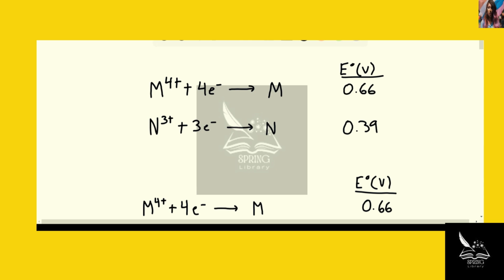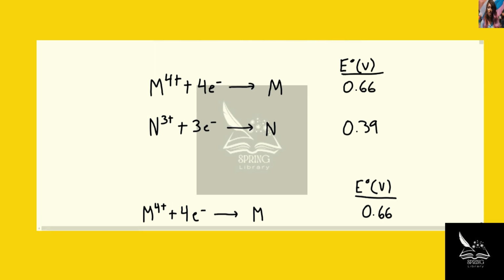So in order to rearrange these equations to cancel out the total number of electrons on each side while also giving a positive cell potential, we have to keep the reaction with the greater value for the standard reduction potential as the reaction that undergoes reduction and reverse the other reaction to undergo oxidation.